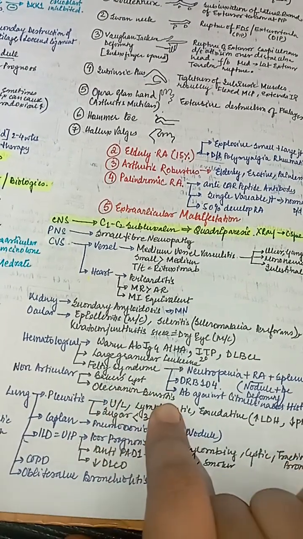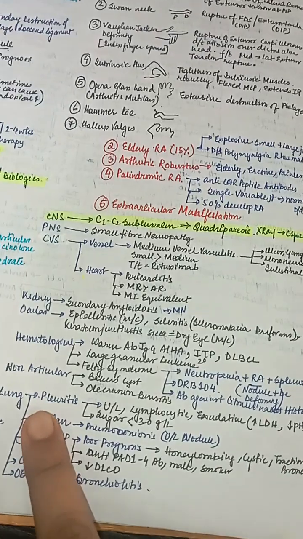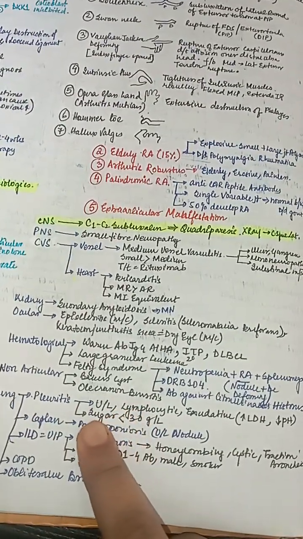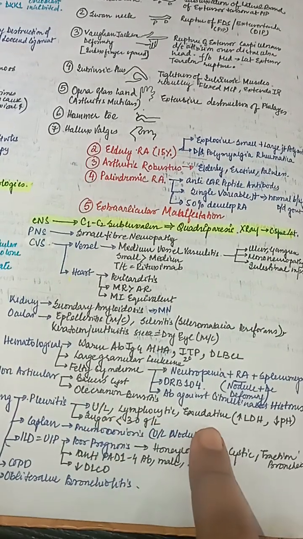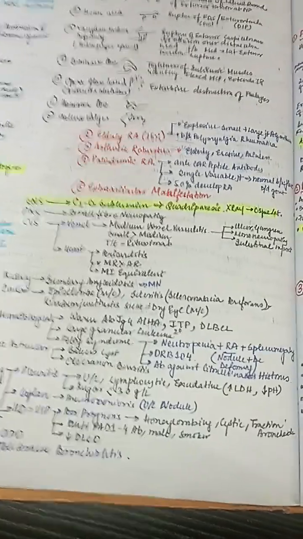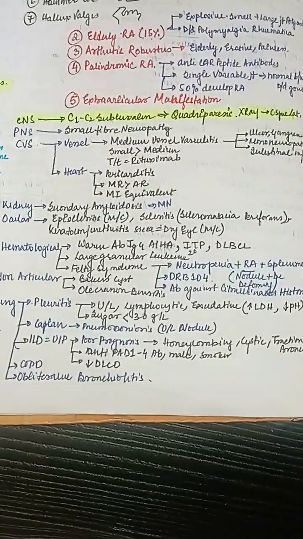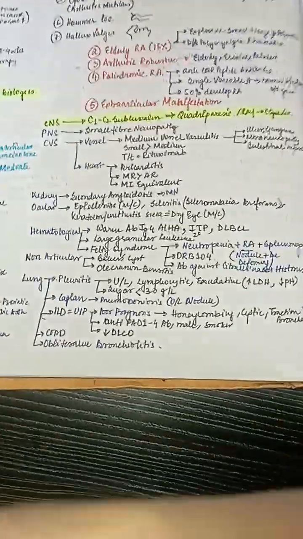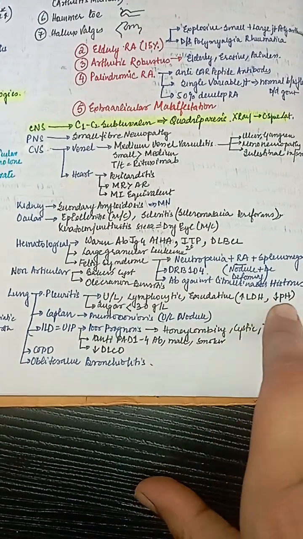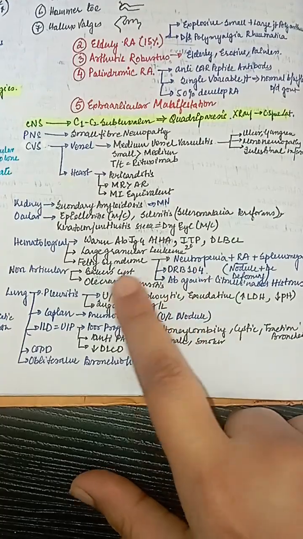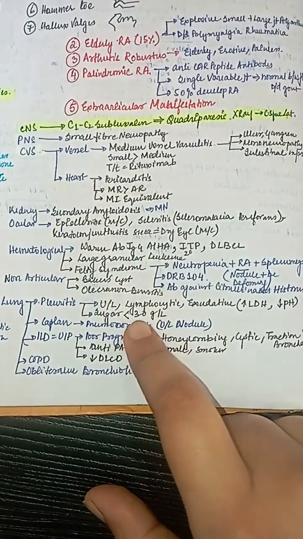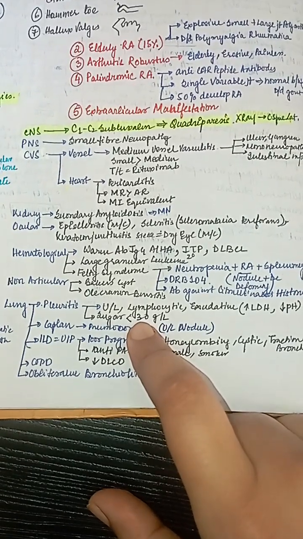Non-articular: Baker cyst and olecranon bursitis can occur. In lung, pleuritis, which is unilateral, lymphocytic and exudative. There will be increased LDH and decreased pH. The most important factor we need to remember is that the sugar is decreasing in RA.